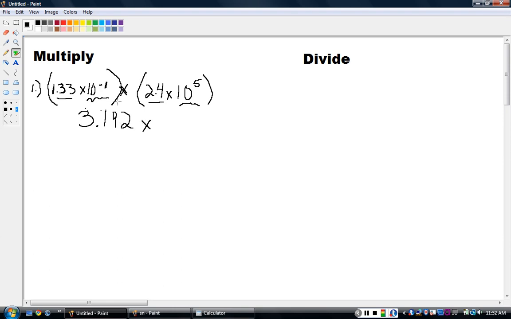And then I multiply my exponents. 10 to the negative 1 times 10 to the 5th is 10 to the 4th. Remember, that's an exponent rule. All you got to do there is add your exponents, right? Because with multiplication, the shortcut is to add your exponents. Okay, do one more.